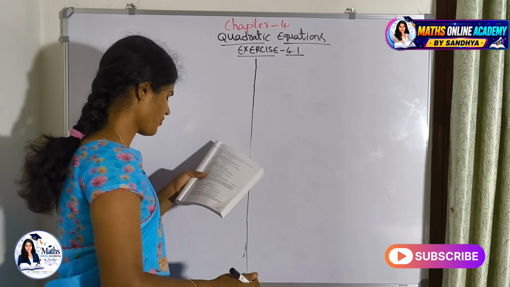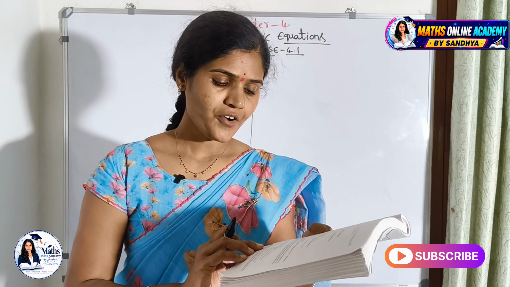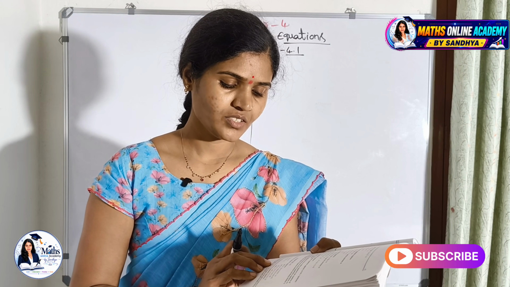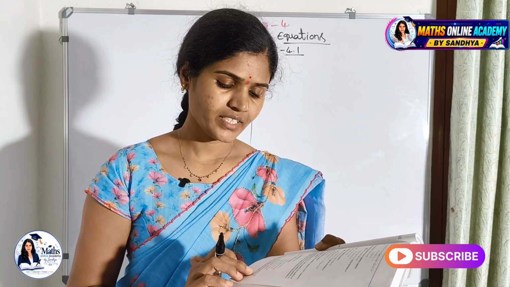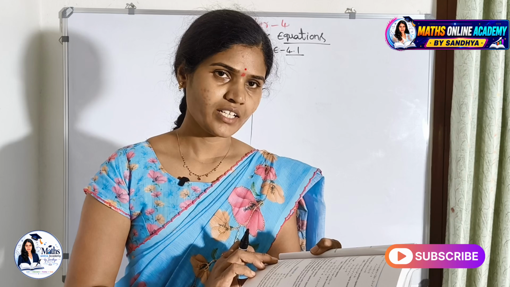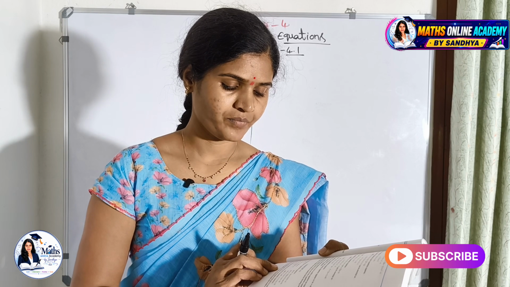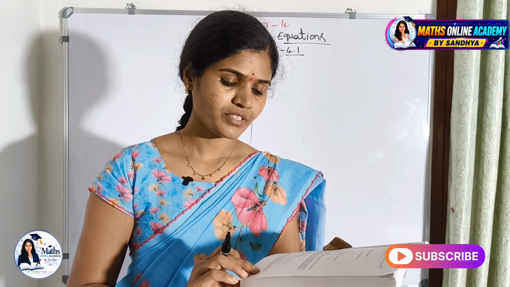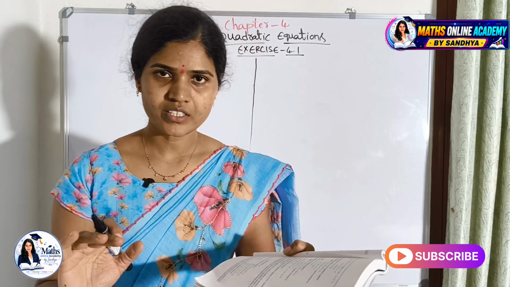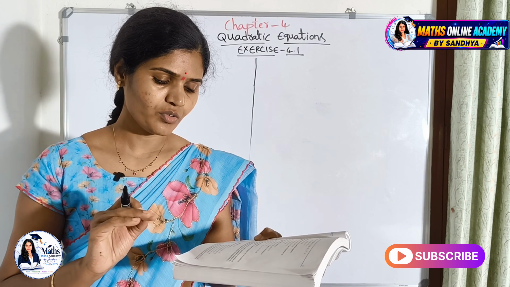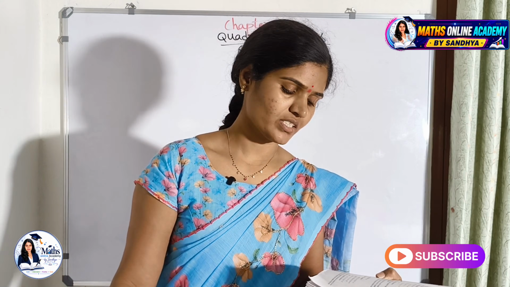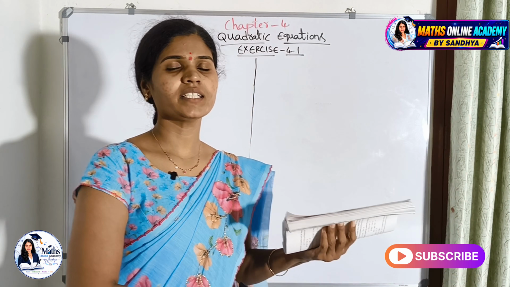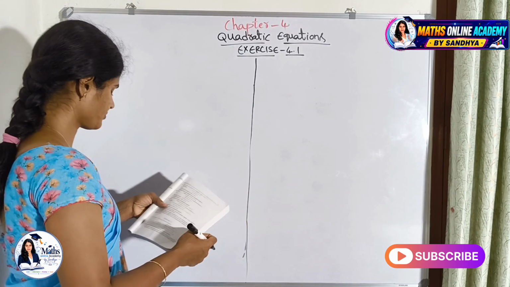The area of a rectangular plot is 528 meters square. The length of the plot is 1 more than twice its breadth. We need to find the length and breadth of the plot. Here we only have to do in the form of quadratic equation. No need to solve what is the length and what is the breadth. Here we have to write it in quadratic form.